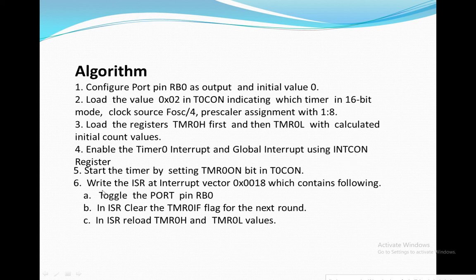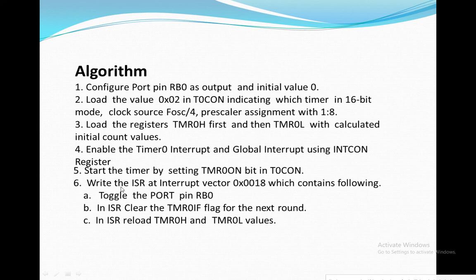In the next step, we will turn on the timer by writing logic 1 to the timer 0 on bit in the T0CON register. Then we will wait for the timer 0 interrupt flag. As soon as timer 0 overflows, or rollover takes place, an interrupt is generated, and that will direct the microcontroller to the interrupt service routine vector location 0018H, where we generate the square wave on the port B0 pin.